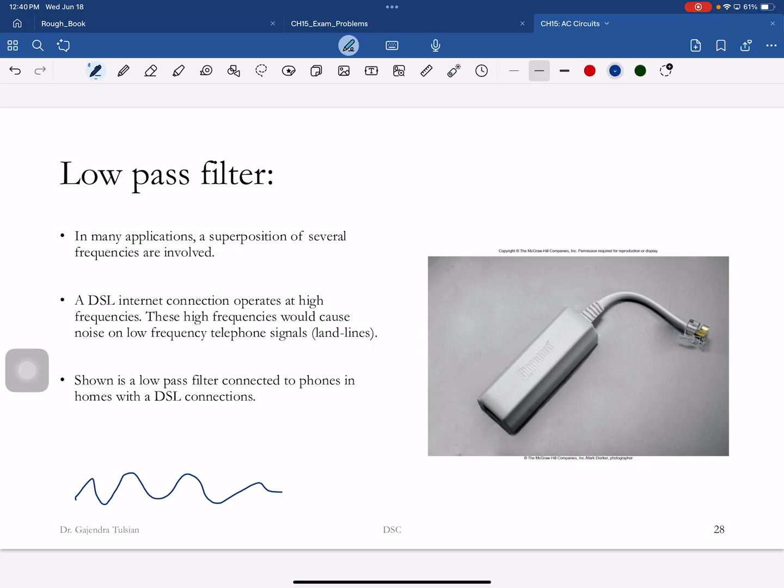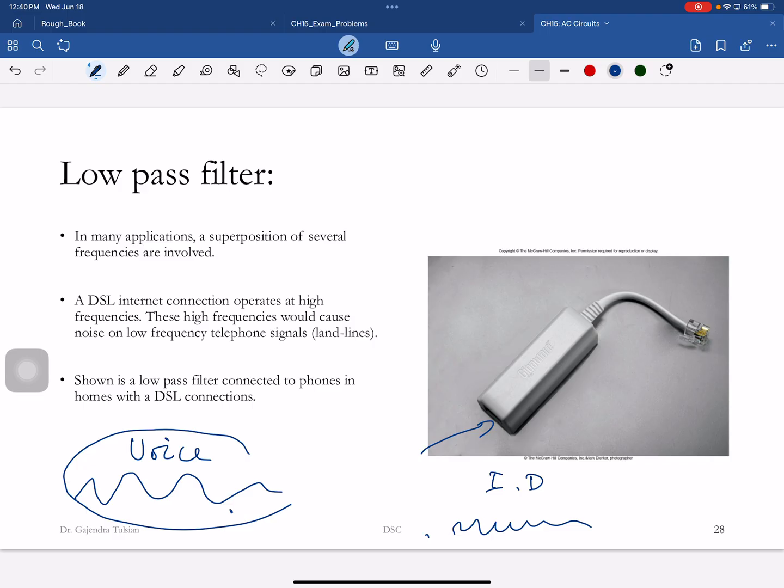So voice was riding on this, and internet data was riding on this. You had to separate these two signals. This device let the low frequency carrier signal pass through, and then you can tease out voice from that. So the advantage of these filters is that on a given line you can have multiple signals.